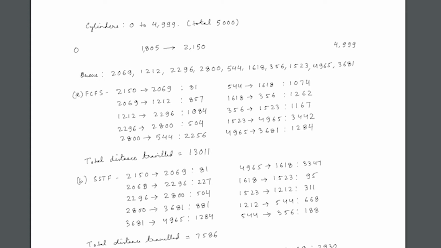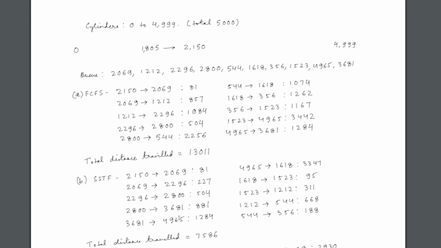From 2069, they're going to move to 2296, because 2296 is the closest to 2069, and the distance traveled in doing that is 227. From 2296, they're going to go to 2800, so on and so forth. You can see they keep going towards larger cylinders, and that is not what SSTF always does, but in this case, that is what is happening.